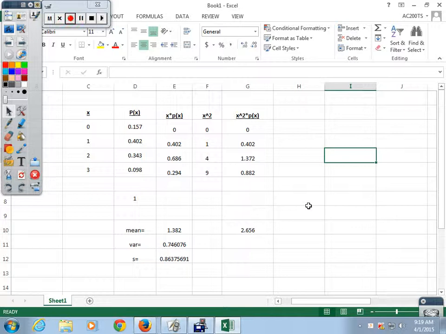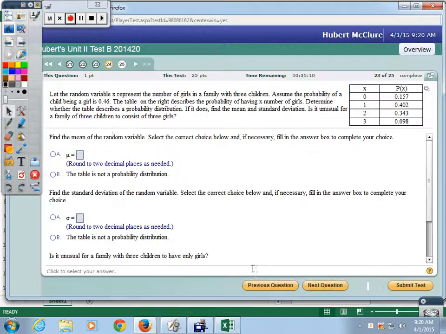Y'all get those numbers? 1.4 and 0.9. The mean is 1.4 and the standard deviation is 0.9. I'm going to leave that up there for a second.